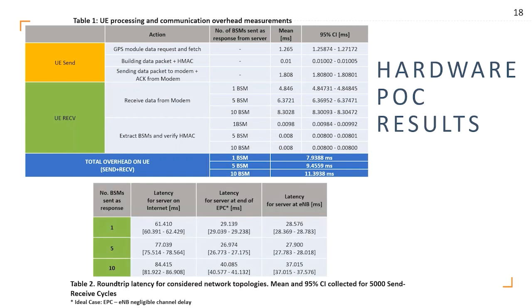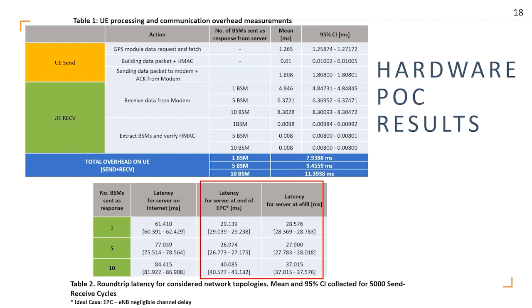For round trip delays, we see that the AWS server plus AT&T Twilio network does meet the required 100 milliseconds constraint, but this is marginal as we need to have buffer for unexpected delays in the case of safety critical applications. For latency, in the case of server at end of EPC and server at end of ENB, we have better results and space for considerable safety buffers as well.